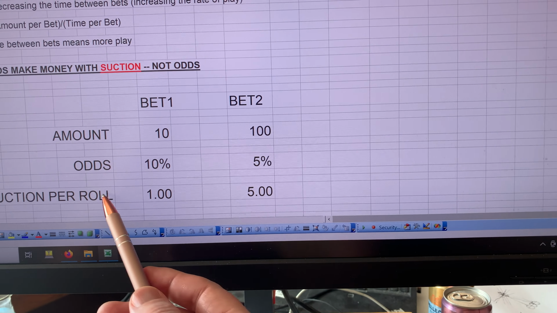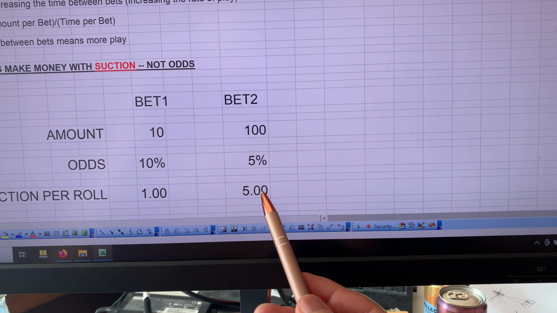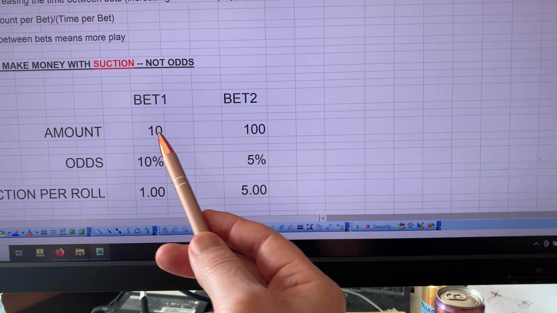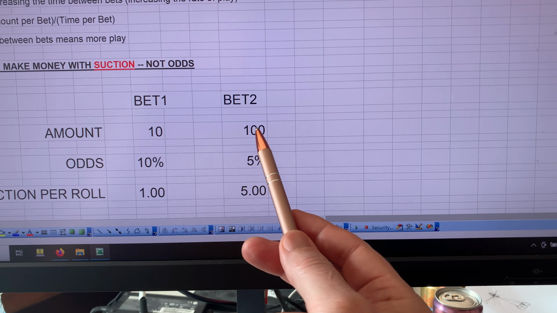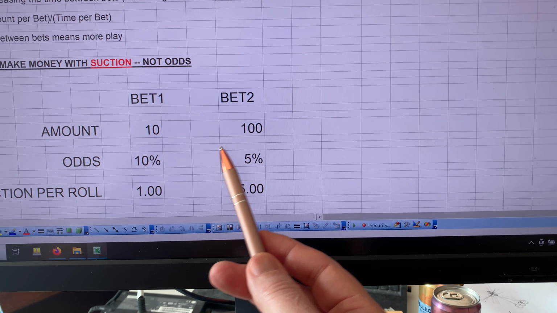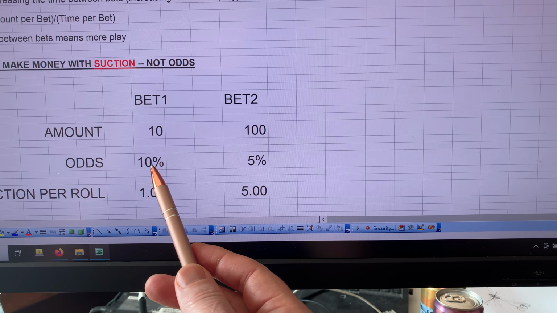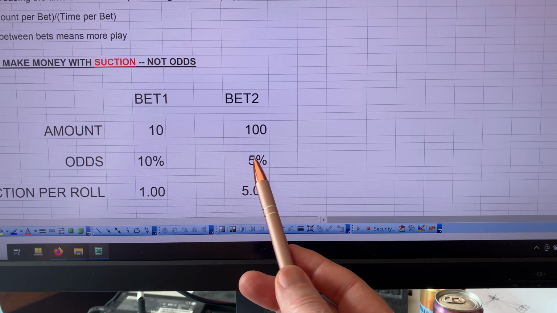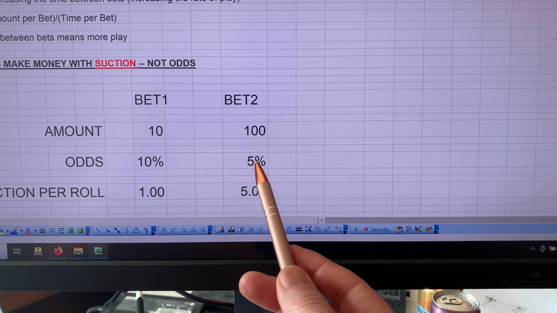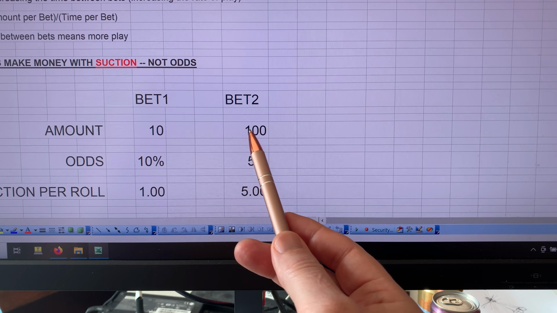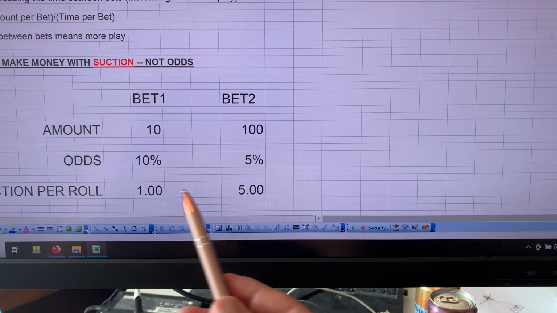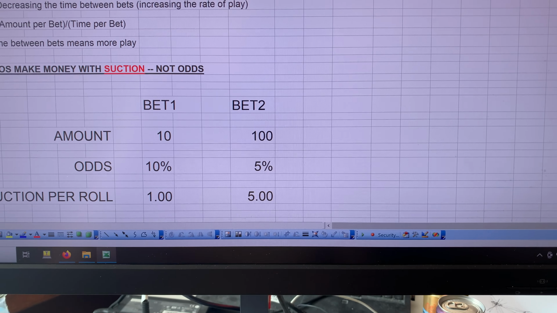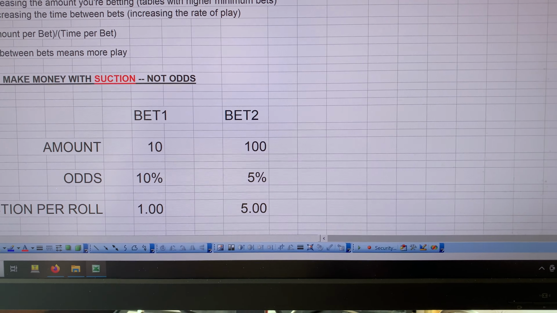So the suction per roll has increased. Why? Because they increased the amount of your bet by 10 times, but they only decreased their odds by a factor of 2. So if you do the math, 10 divided by 2 is 5. So the casino is making 5 times as much money per roll.